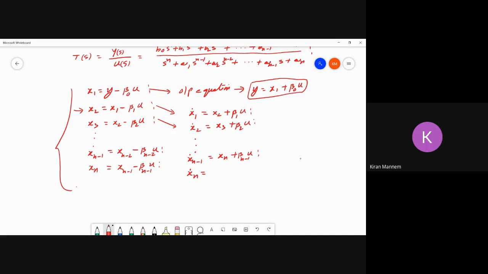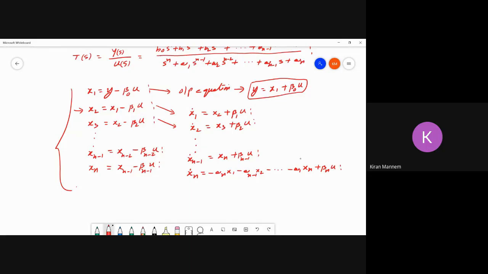X dot n is equal to minus an into x1 minus a n minus 1 into x2 minus a1 into xn plus beta n into u, right?